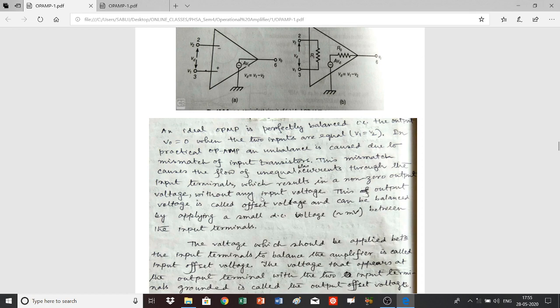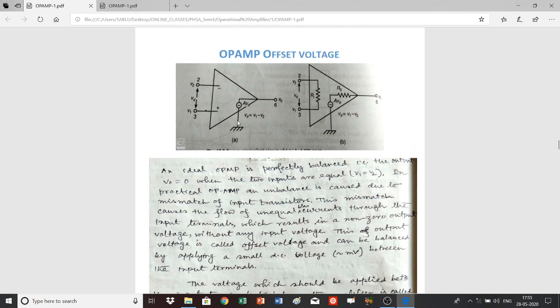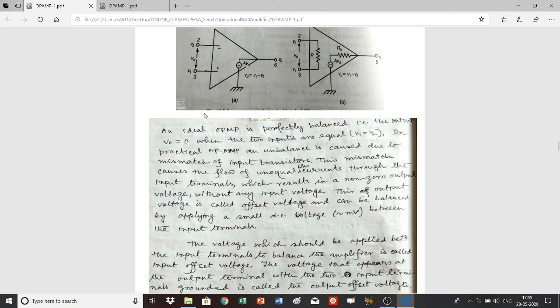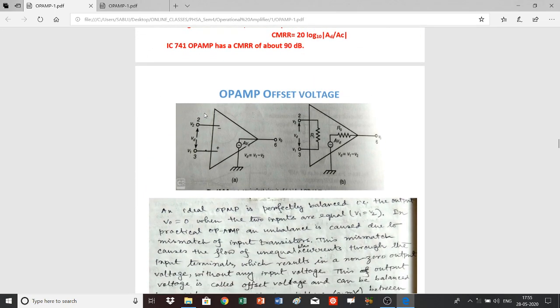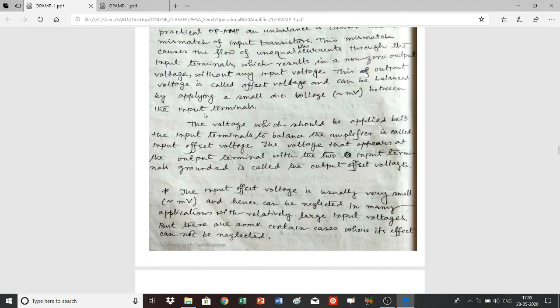So before using an op amp for different kinds of operations, one has to first perform offset nulling. The process in which the offset output voltage is made 0 is called offset nulling, and this can be done by the two terminals 1 and 5, which I already discussed.